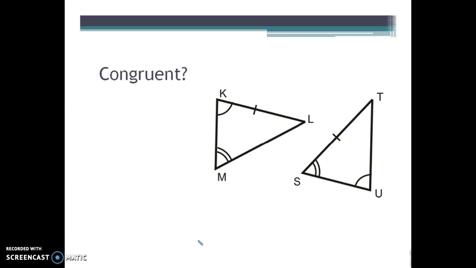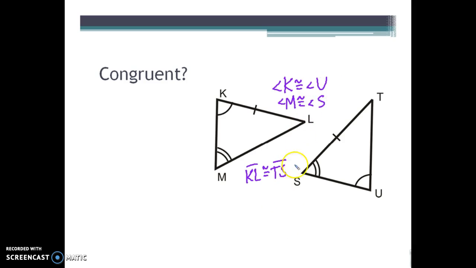So looking at this example, we've got angle K is congruent to angle U. We've got angle M is congruent to angle S, and we've got KL is congruent to TS.